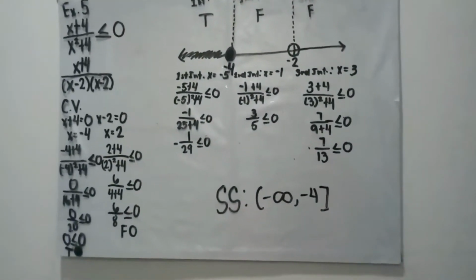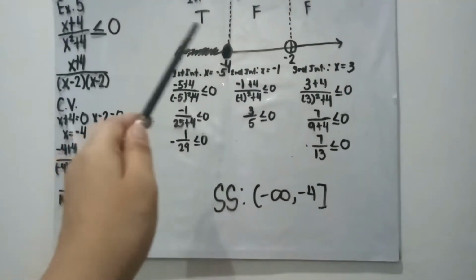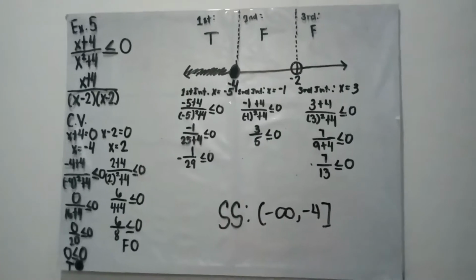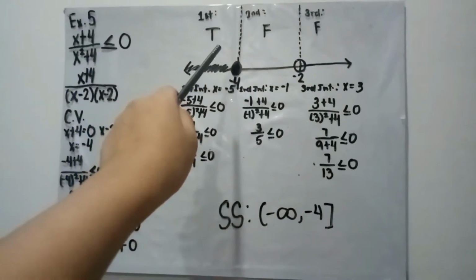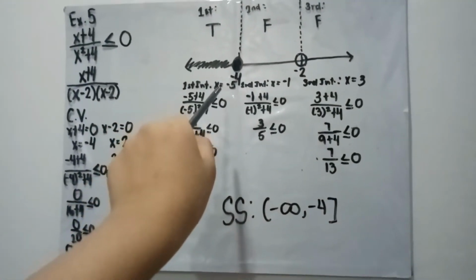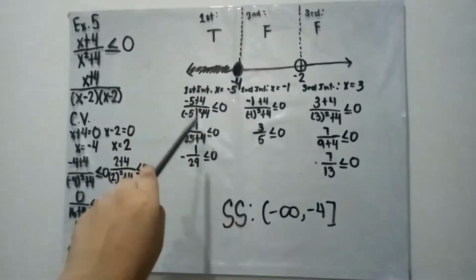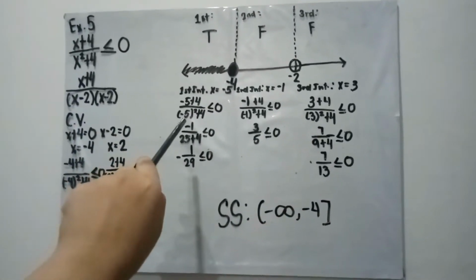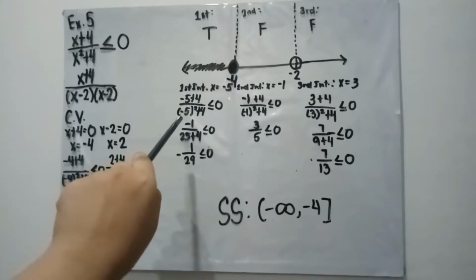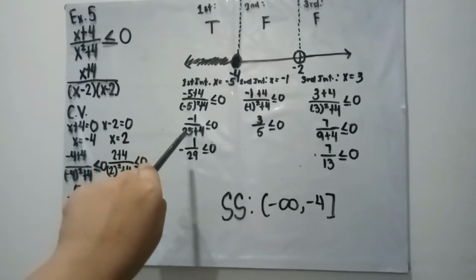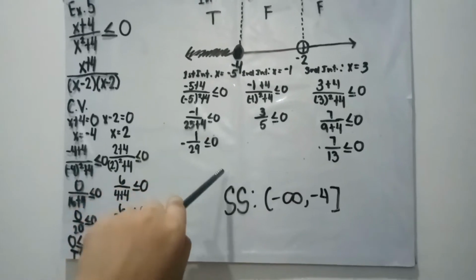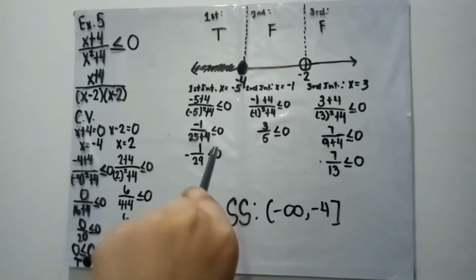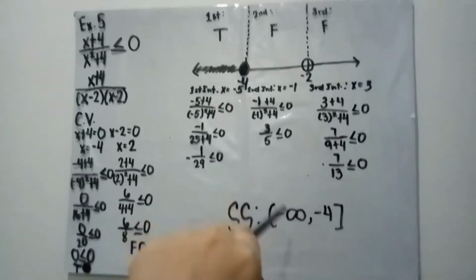Next is, kukuha naman tayo ng mga number in each interval para ma-check natin kung kasama ba siya sa solution set. So, for our first interval, kinuha namin yung negative 5. So, substitute lang ulit. Negative 5 plus 4 is equals to negative 1. The negative 5 squared is equals to 25 plus 4 is equals to 29. So, negative 1 over 29 is less than or equals to 0.